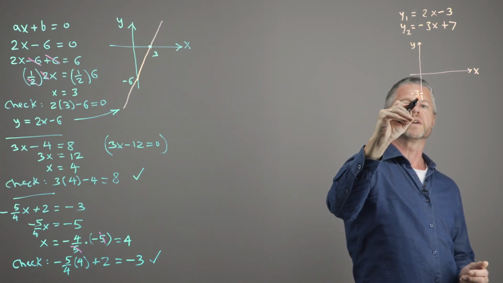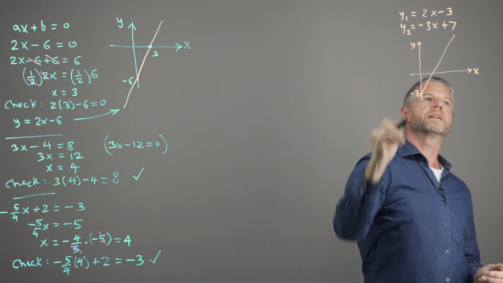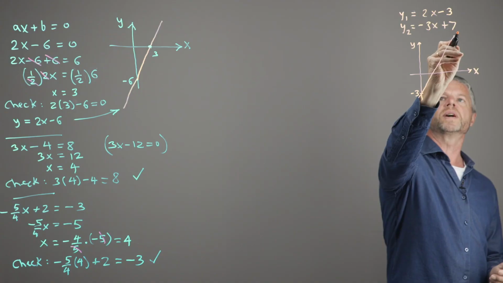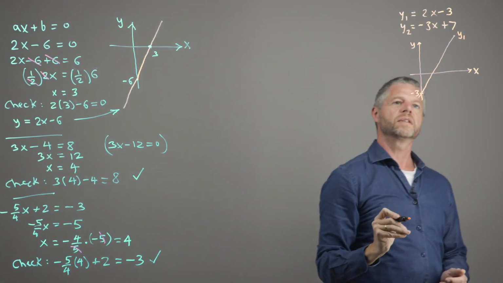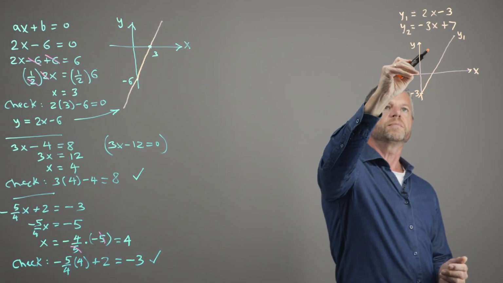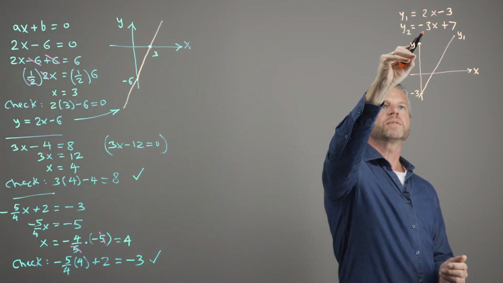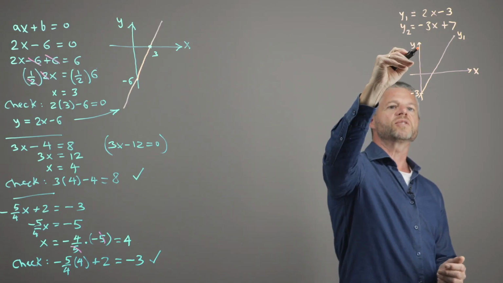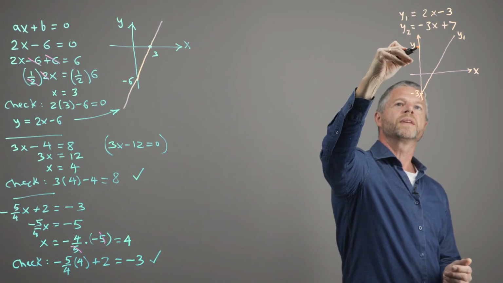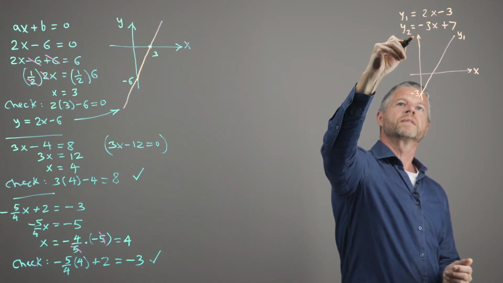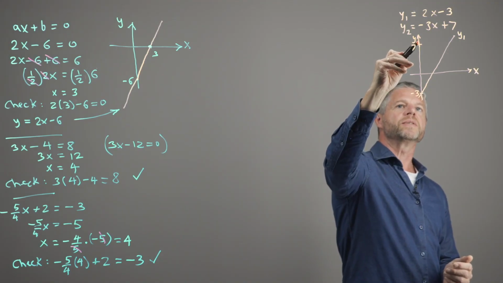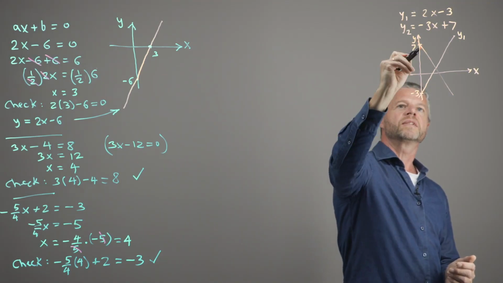And so it's going to go up this way. So this is y1, the y1 equation. And then the y2 equation is going to be negatively sloped with a slope of minus 3. And it's going to cross at y equals 7. And it's going to come down like this.